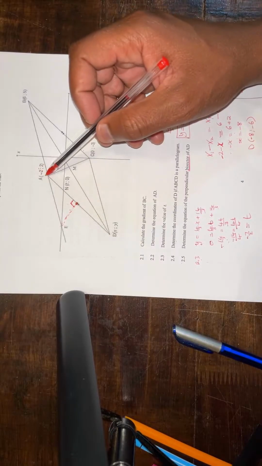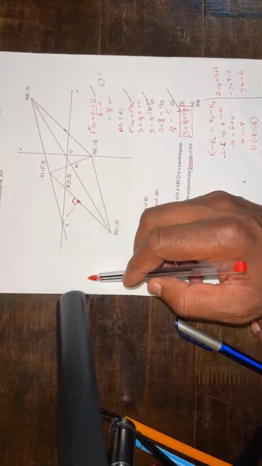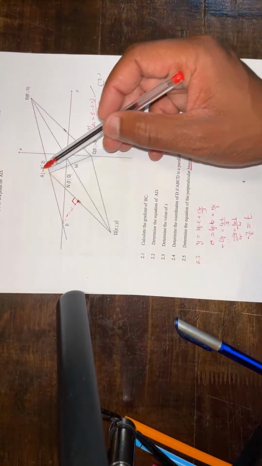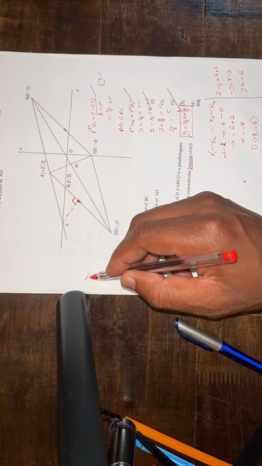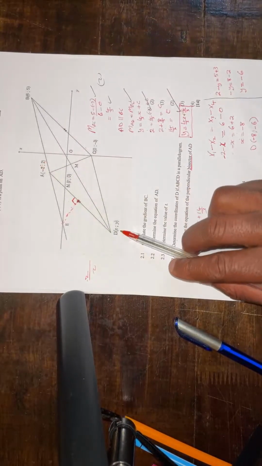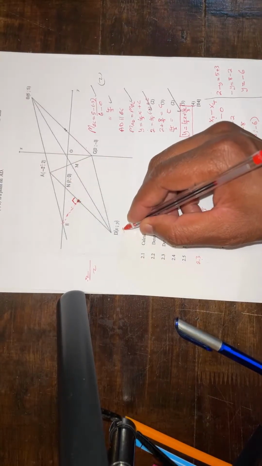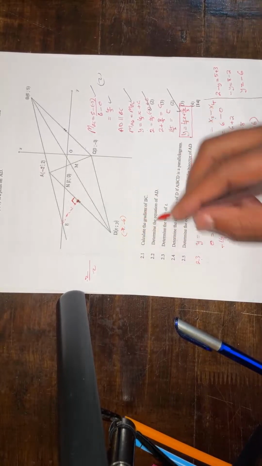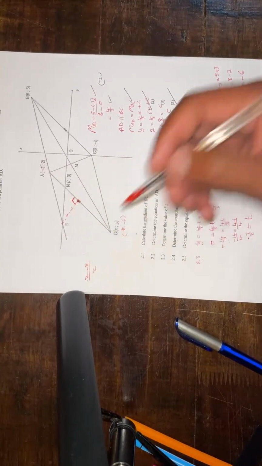Okay, so this will be minus 2. Since x is negative 8, this negative 8, right? Negative 8 and negative 6. So it's minus 2 minus 8.